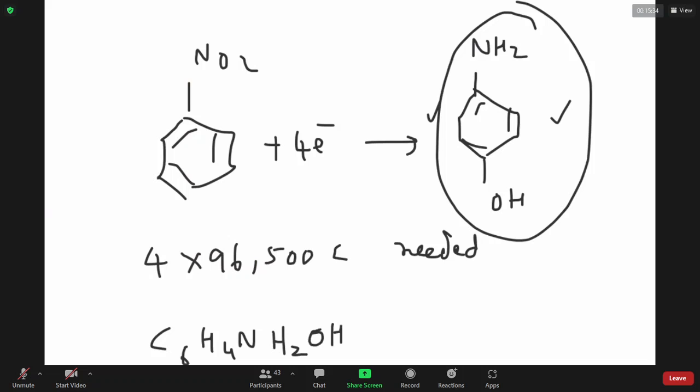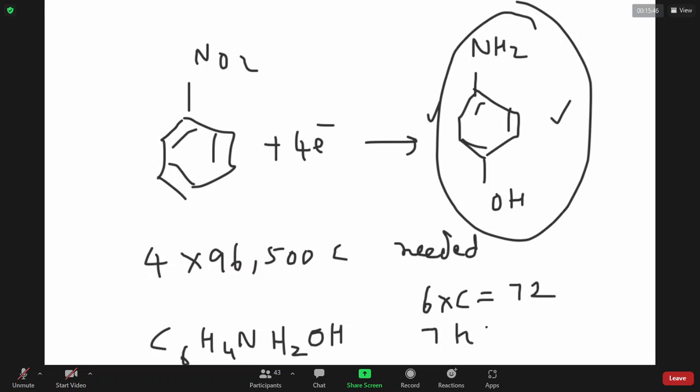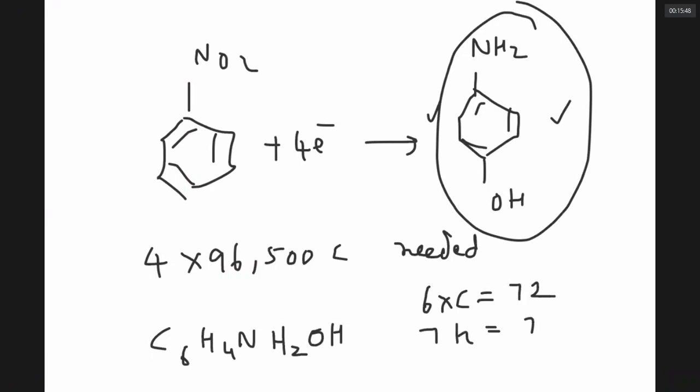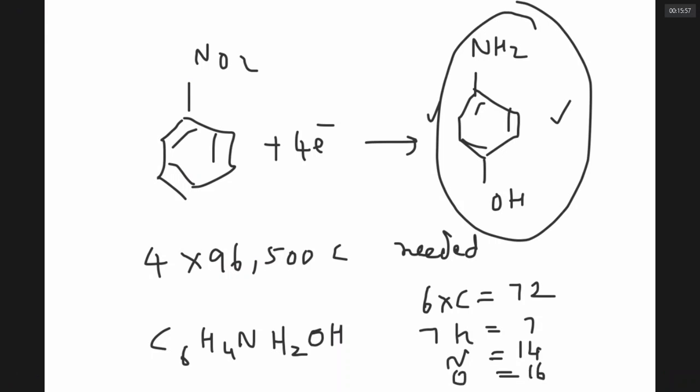Is that its formula, sir? Yes. 6 carbons mass is equal to 72. 7 hydrogens mass is equal to 7. 1 nitrogen mass is equal to 14. 1 oxygen mass is equal to 16. It is 109 grams. Any problem, sir?